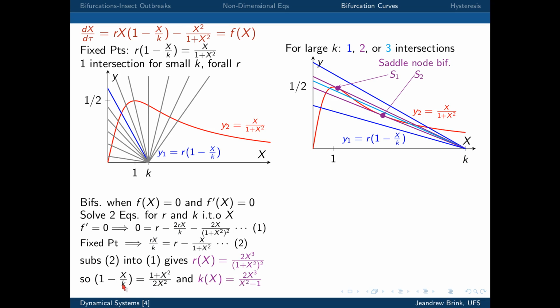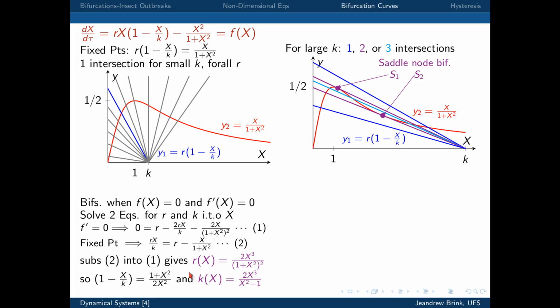Okay, and then we can solve for k by simply multiplying through by a minus, subtracting 1 from that side and inverting it, and then we get k as a function of x is equal to 2x cubed over (x squared minus 1). Okay.